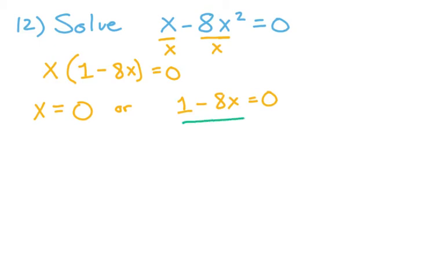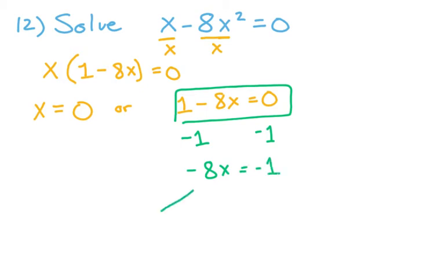Now here we have to do a little more work. How do I solve that? I'm going to subtract 1 from both sides, get rid of that 1. I'll have minus 8x equals negative 1. And then remember what we want. We don't want a negative 8x as our coefficient.